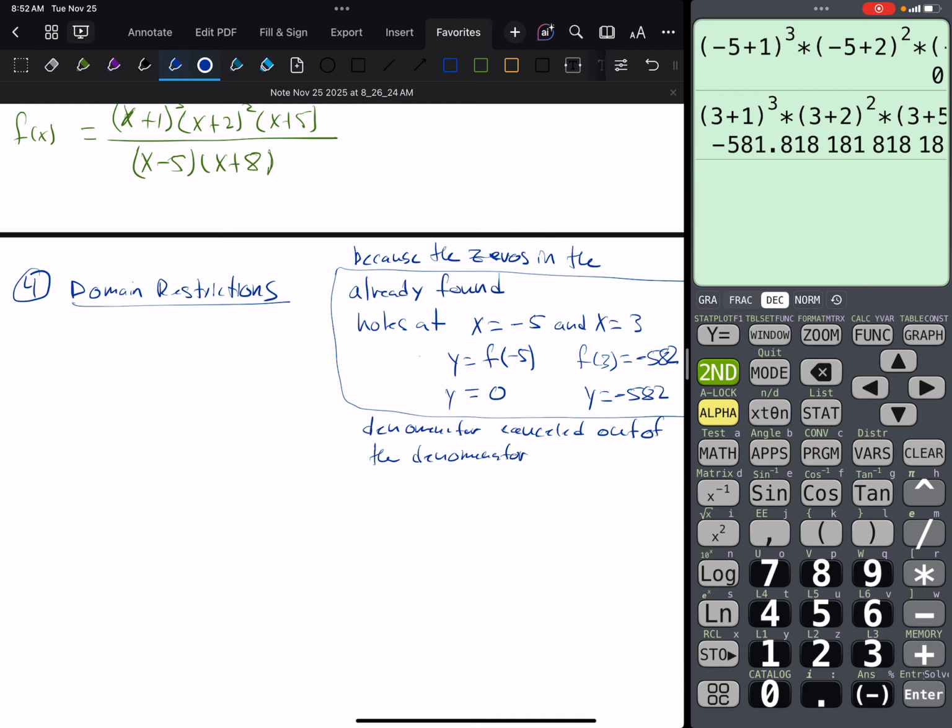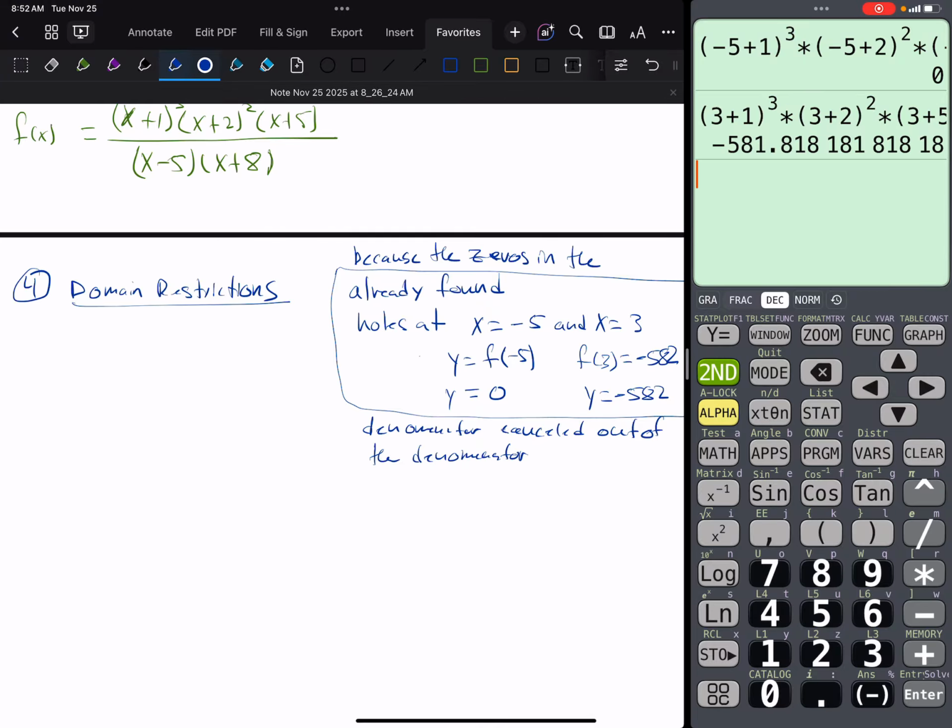And so any place other than 0, it didn't scale the value of my function at all. And at 0, it was 0 divided by 0, which is undefined, which is why it's a hole. It doesn't affect the look of the graph anywhere except for the place that it doesn't exist.